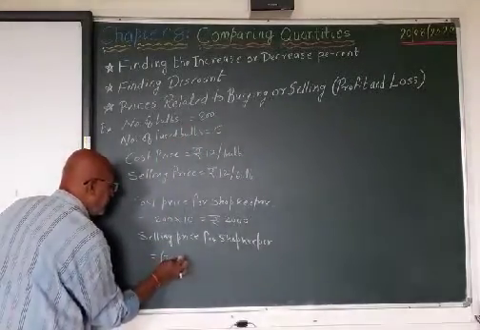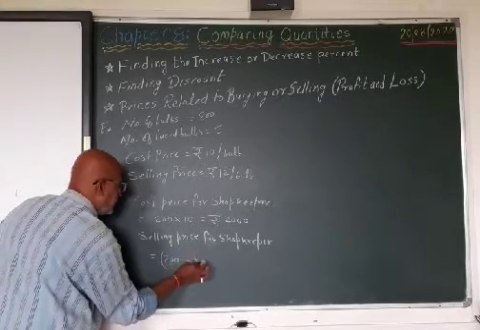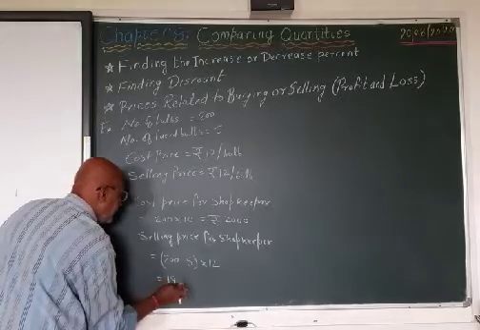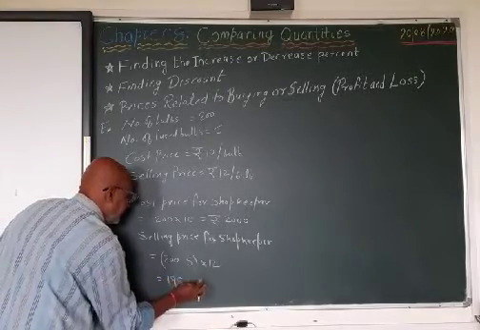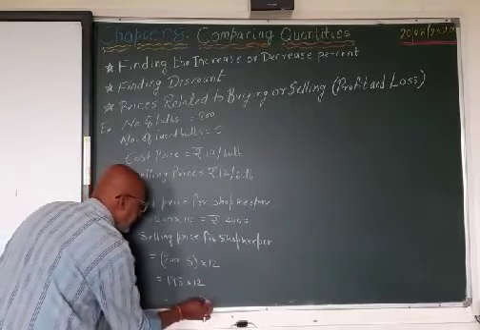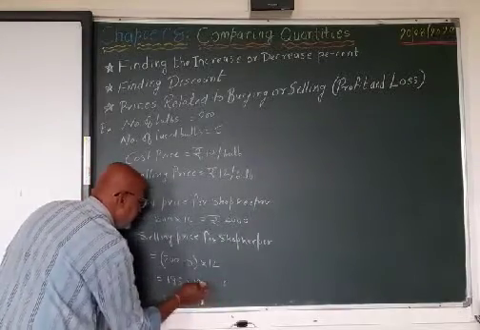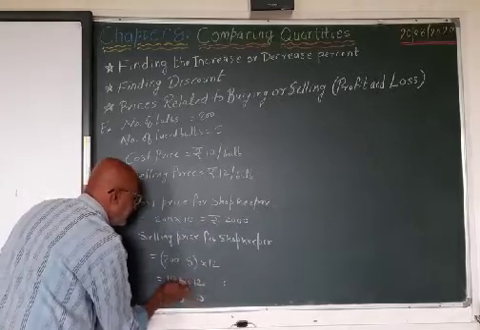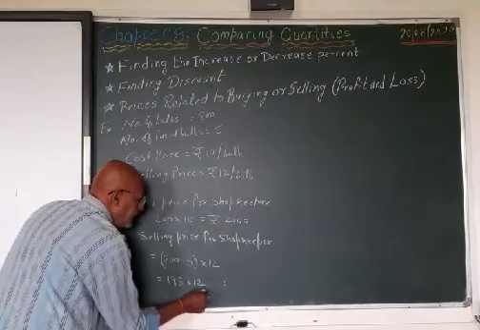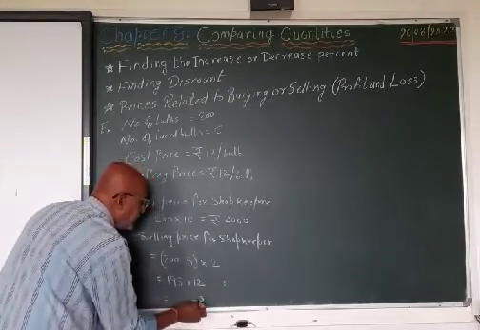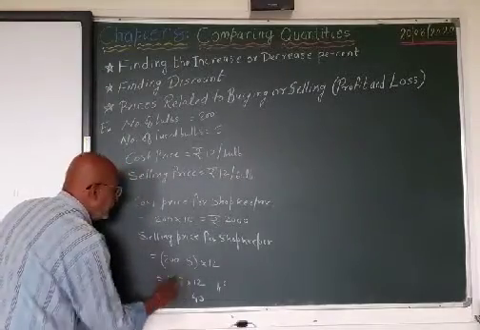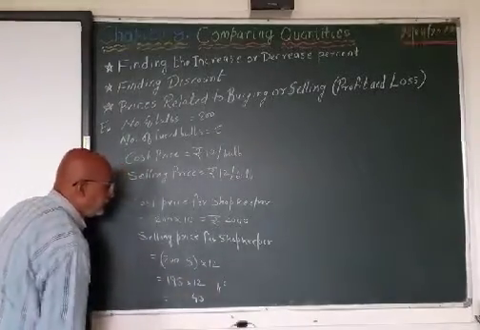That is 200 minus 5 multiplied by 12. That gives 195 multiplied by 12, equal to: 12 fives are 60. 12 nines are 108 and 6 is 114. 11 will be carried. 12 ones are 12 and 11.